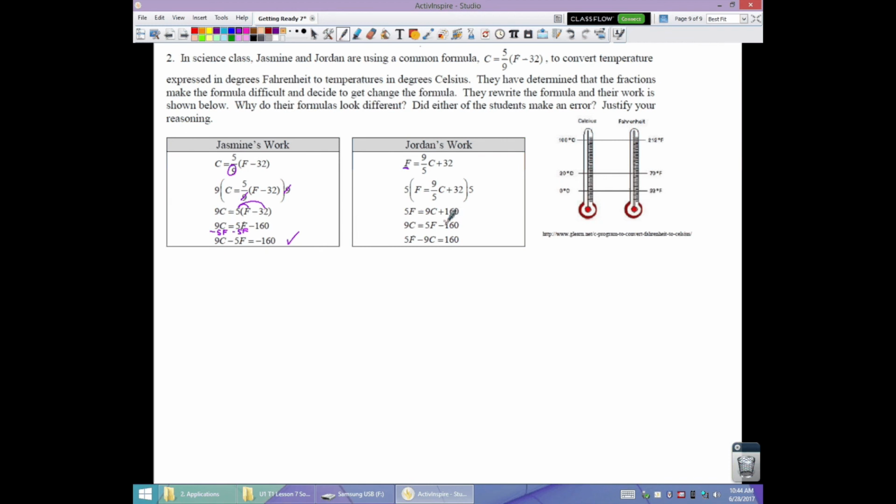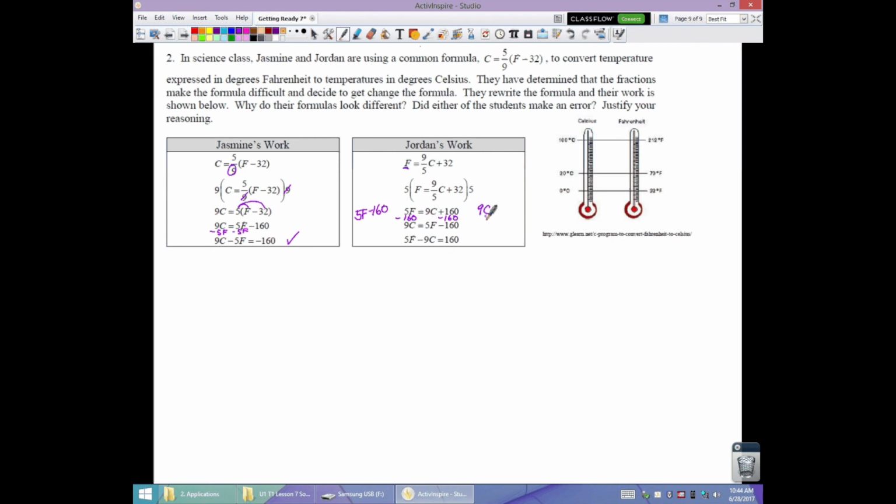He then decided to rearrange. He has subtracted 160 from both sides. So the left side would say 5F minus 160. The right-hand side would still have 9C.